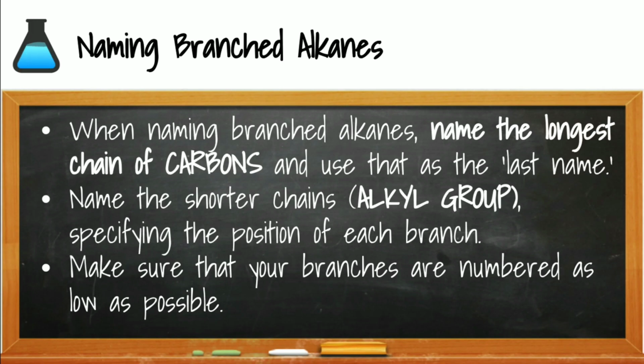So we'll have to number our main chain in two directions, from left to right and right to left, and figure out which sequence of numbers gives us the branches located on the lowest possible number.